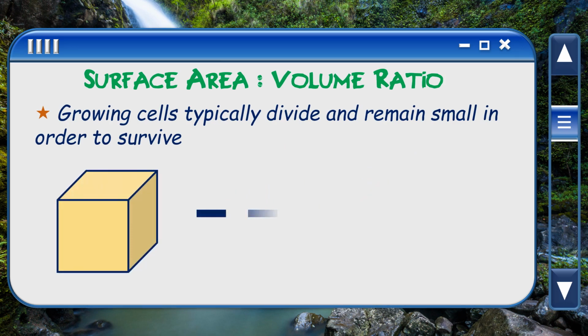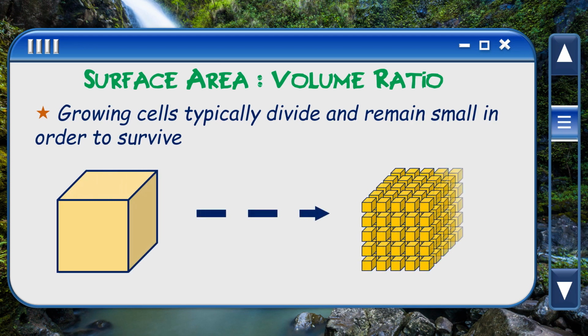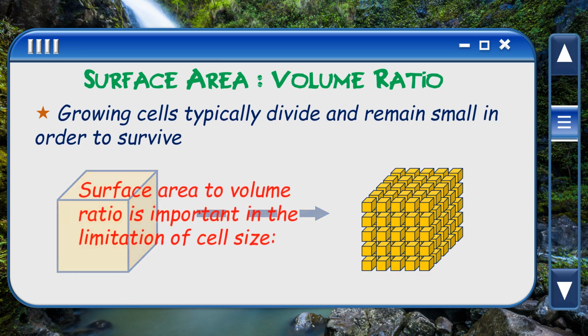Surface area to volume ratio. Growing cells typically divide and remain smaller in order to survive.